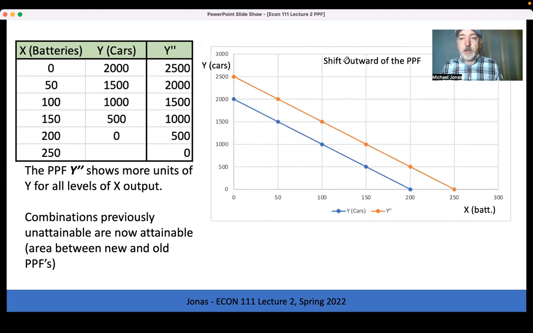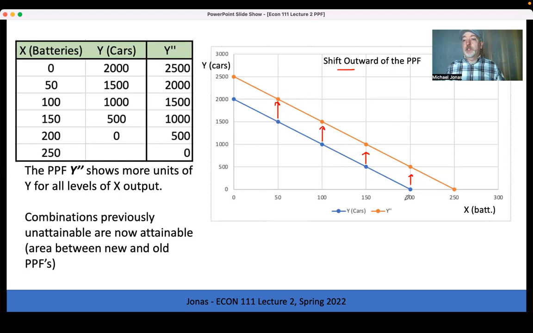Flip it around, a shift outward will have the opposite effect, right? For every X, the feasible combination of Y is going to be increasing. And that area between the old and the new, in this case, the blue and the yellow PPF, represents newly feasible combinations of output.